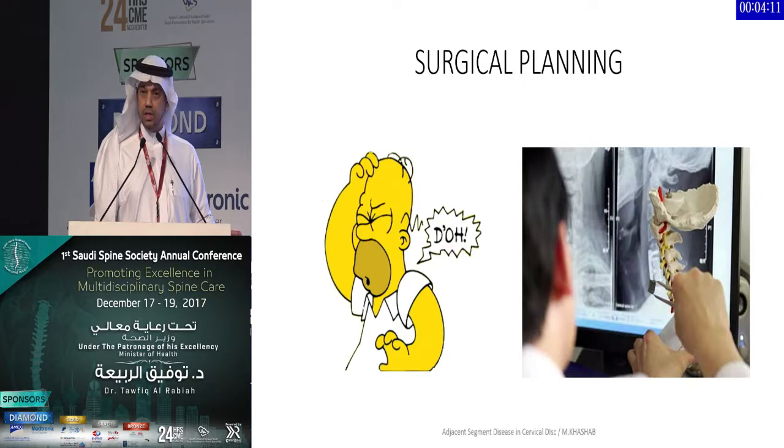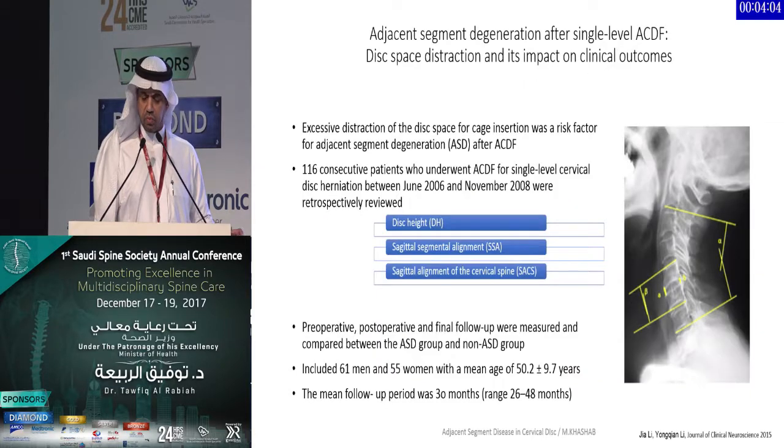So is there something we should look at when we plan the surgical procedure? This article was talking about the disc space. They looked at 116 patients, and they looked at the disc height, sagittal segmental alignment, and the whole global cervical alignment, called sagittal alignment of the cervical spine.